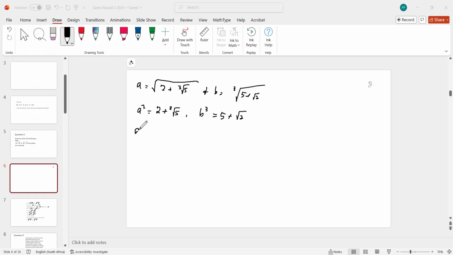So let's do that. A to the sixth is the cube of this, and b to the sixth is the square of this. So that is 25, 5 squared. 2ab is 10 root 2. And square this, you get 2.